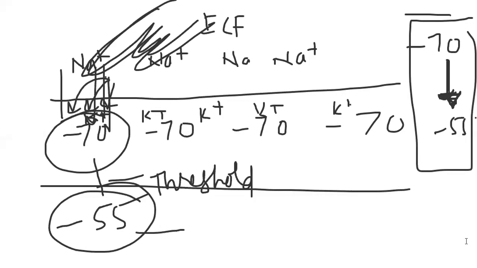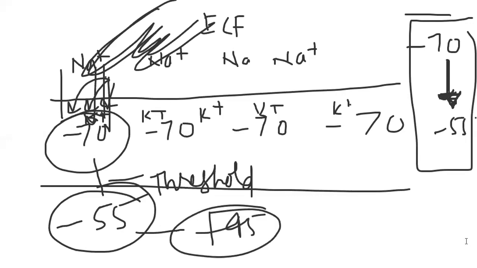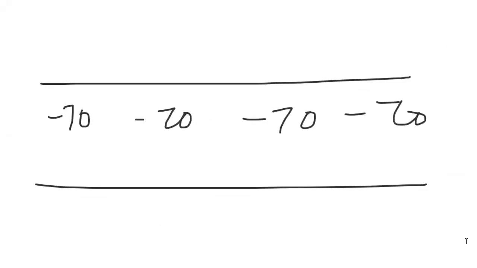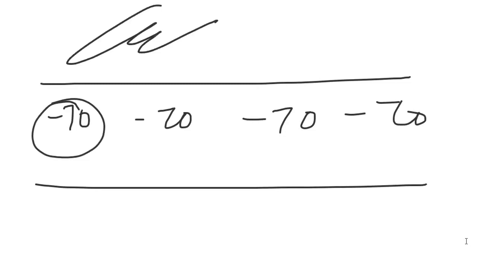Influx of sodium ions results in an increase in the charge. The charge will increase up to plus 45. I'll show you that condition again: minus 70, minus 70, minus 70 along the length. Because of the threshold stimulus, minus 70 reached minus 55.